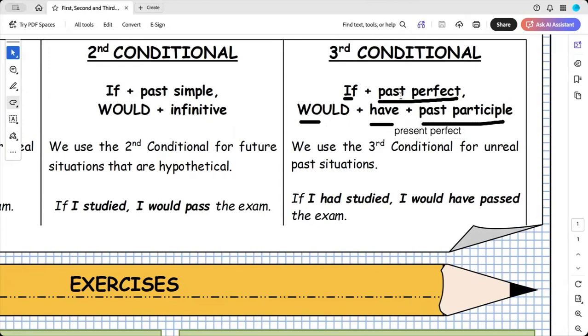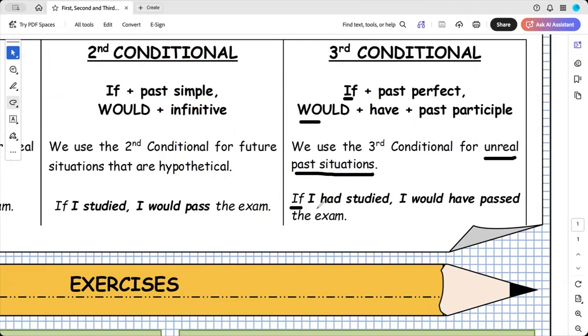So if past perfect, would present perfect. Easy. So when do we use this? We use the third conditional for unreal past situations. So things that didn't happen in the past. I know it sounds weird, but let's have a look.